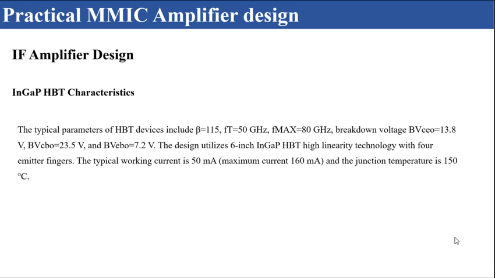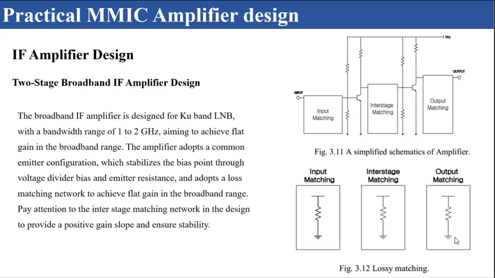The typical working current is 50 milliampere, and the junction temperature is 150 centigrade. And thirdly is two-stage broadband IF amplifier design.